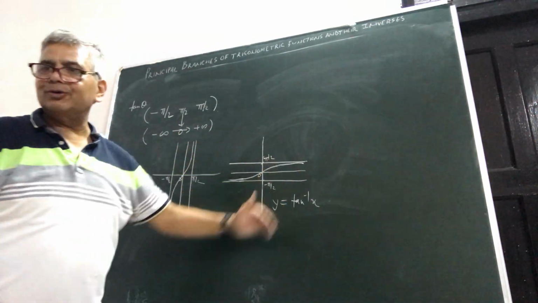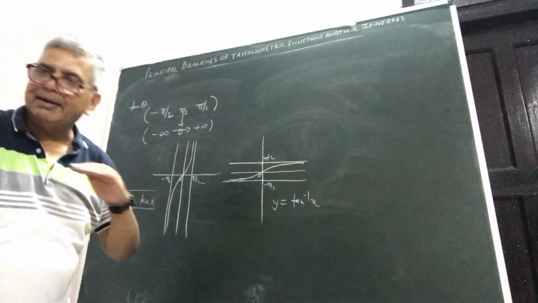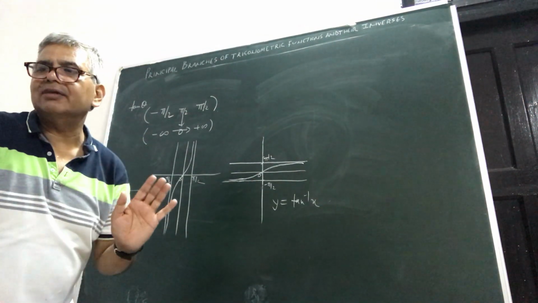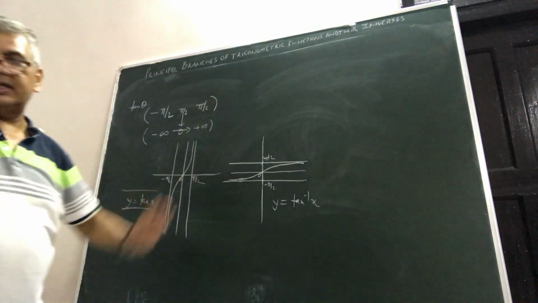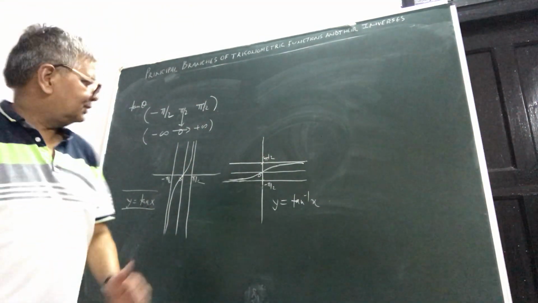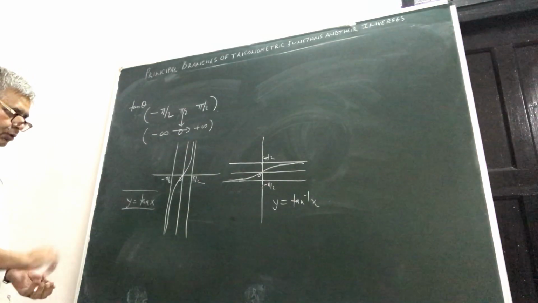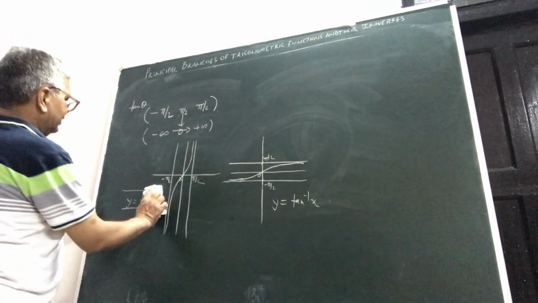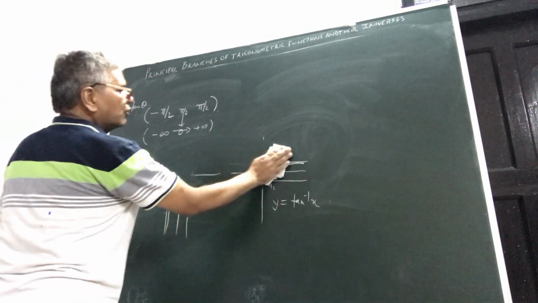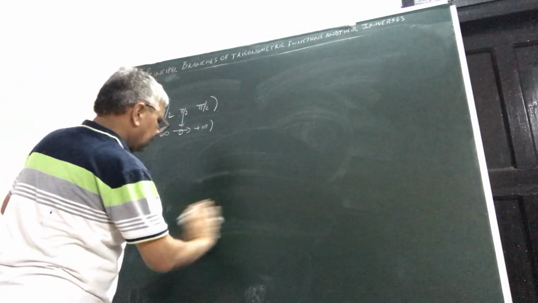Whatever values you are getting on the y-axis, they come now on the x-axis, and whatever values you were getting earlier on the x-axis, they are now obviously coming on the y-axis. So this is how you get it. So please convince yourself, and I am just now quickly drawing here the curve of cot x.